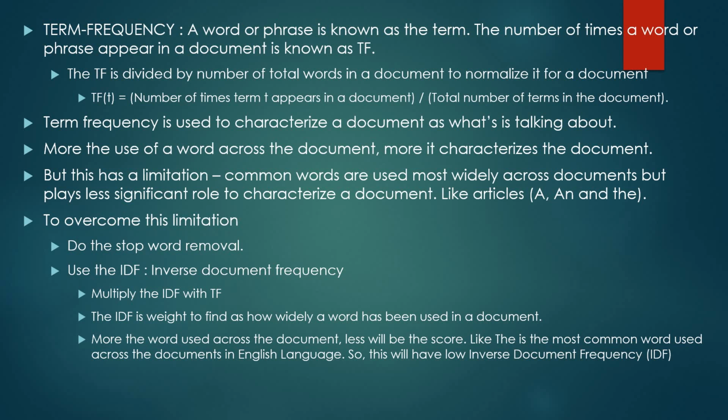It will be a and the. Most often, the. This is used in the English language most often, right? So if across the documents this particular word is found most often, then the inverse document frequency will be less. The more often a word is used, the less will be the value of IDF.